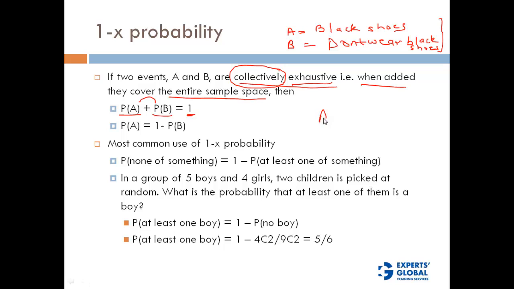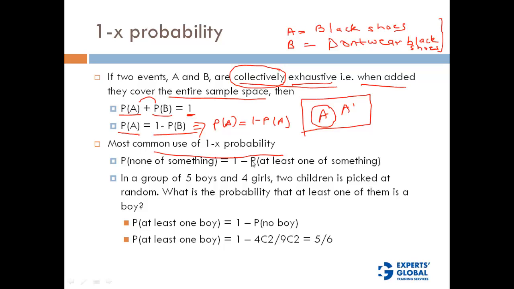There, this is A, outside A dash, this is the entire sample space. So A plus A dash, if you combine, you will get the entire sample space. So probability of A plus probability of B is equal to 1. And probability of A can also be defined as 1 minus probability of B. Also probability of B can be written as 1 minus probability of A.